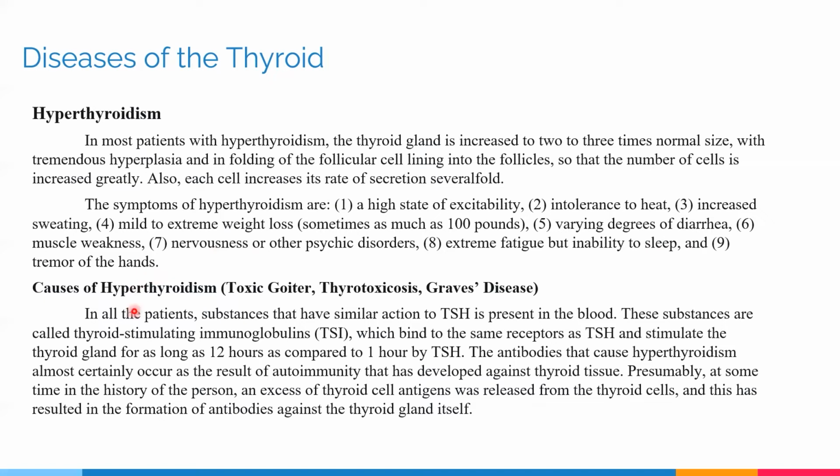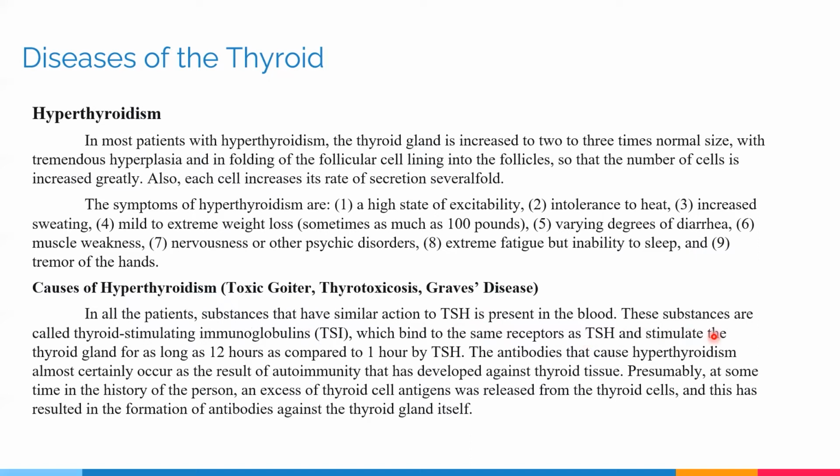Next, we look into causes of hyperthyroidism, which is also known as toxic goiter, thyrotoxicosis, and Graves' disease. In all patients, substances that have similar action to TSH are present in the blood.